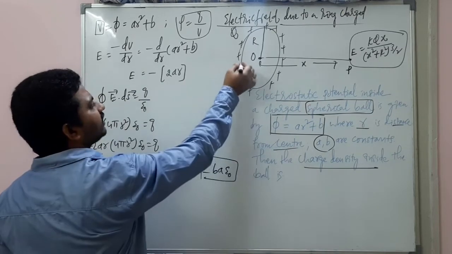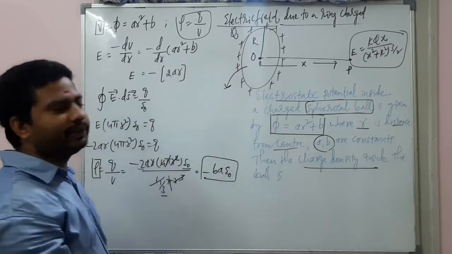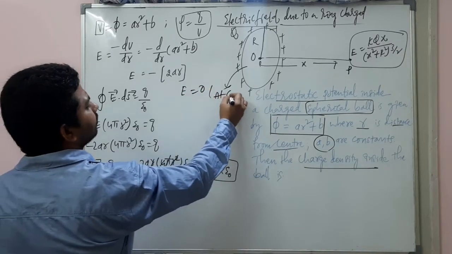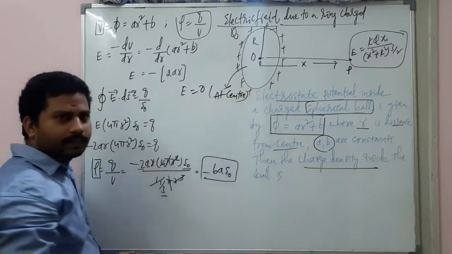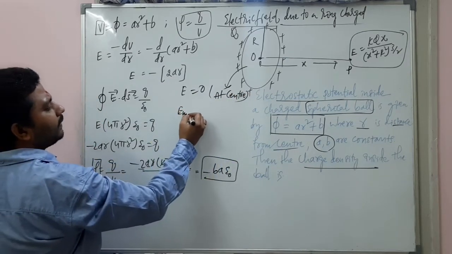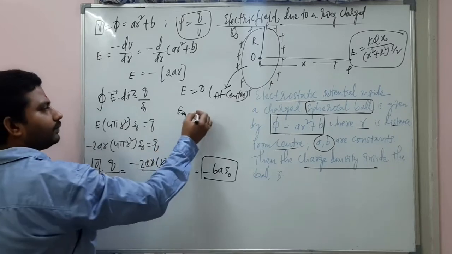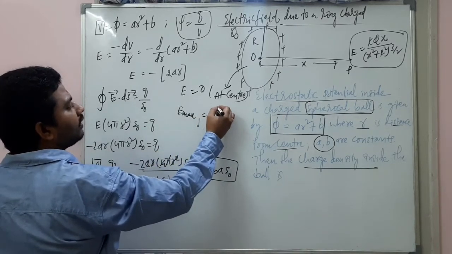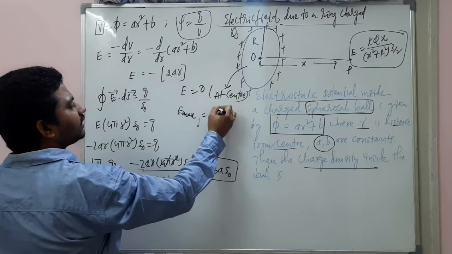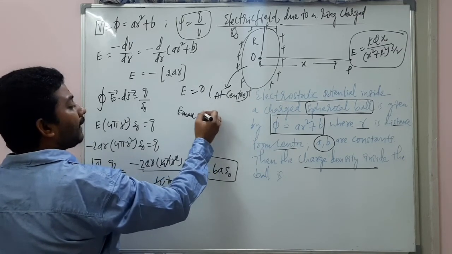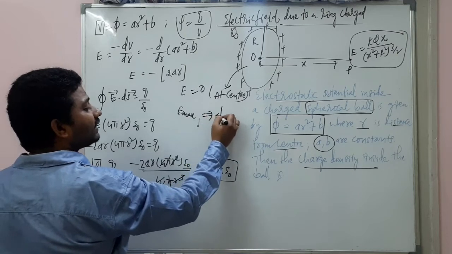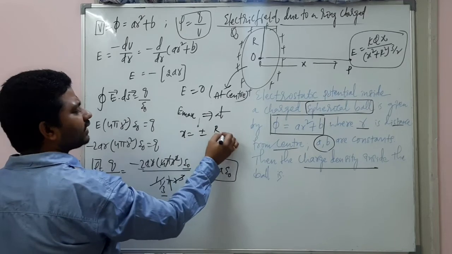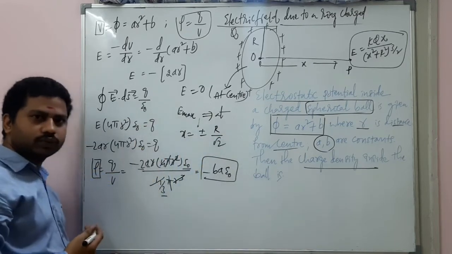Now, if I want to extend a little bit, the E value will be 0 at the center. And the E value will be maximum at x equal to plus or minus r by root 2.